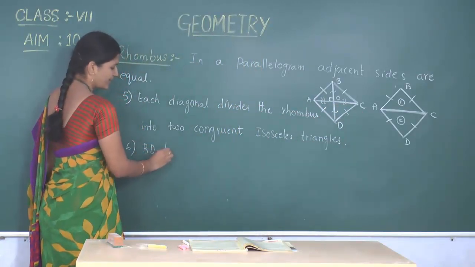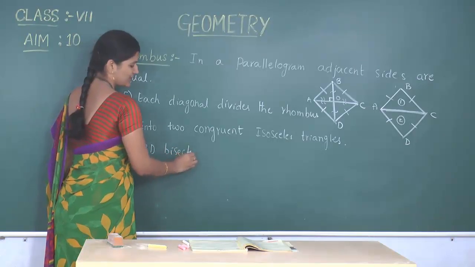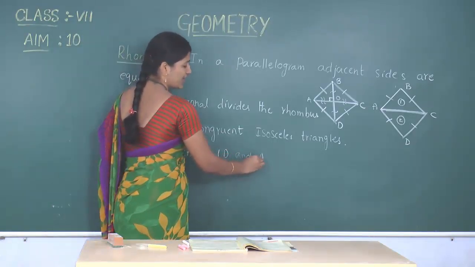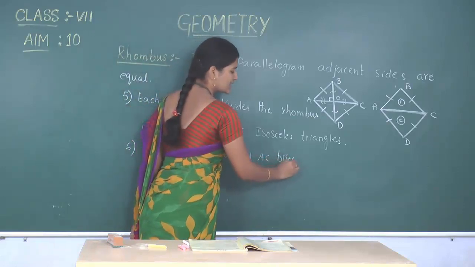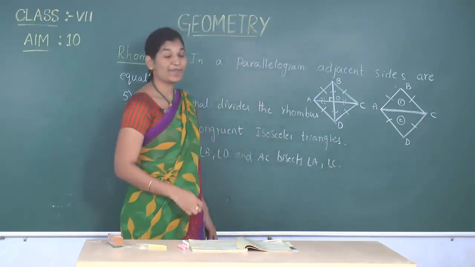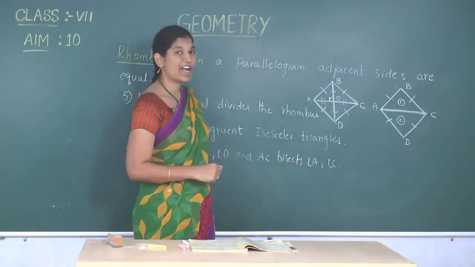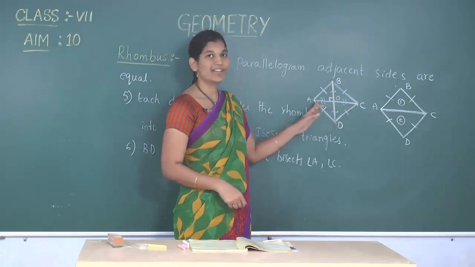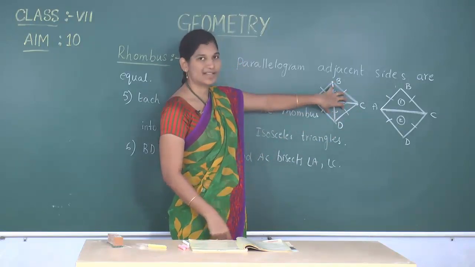BD bisects angle B, angle D, and AC bisects angle A, angle C.